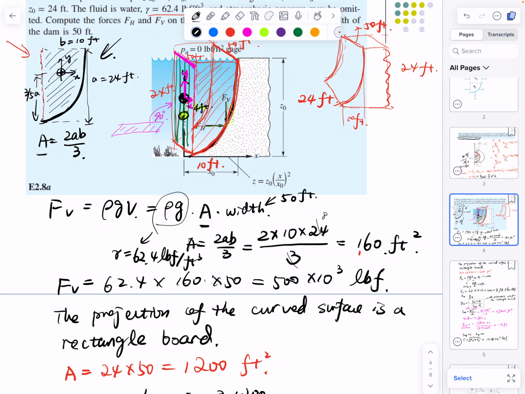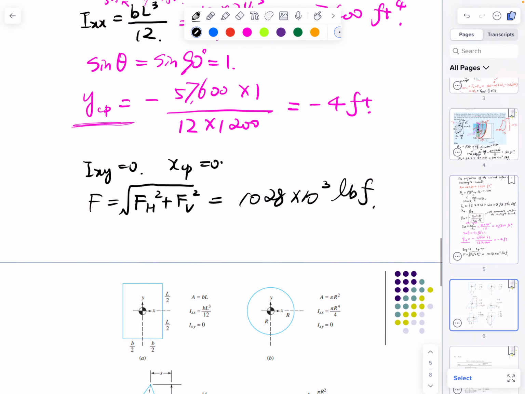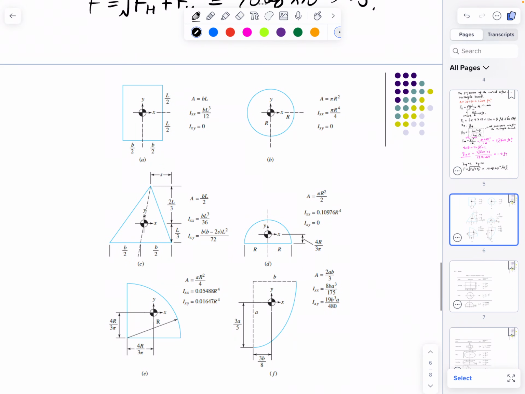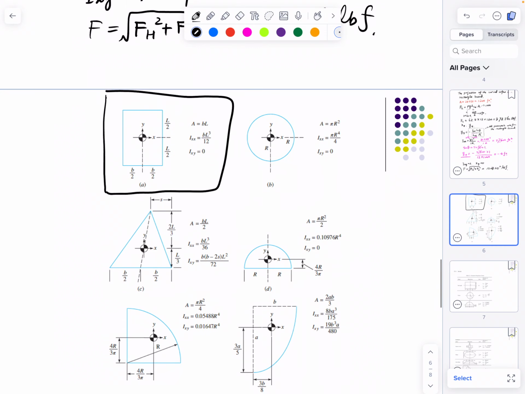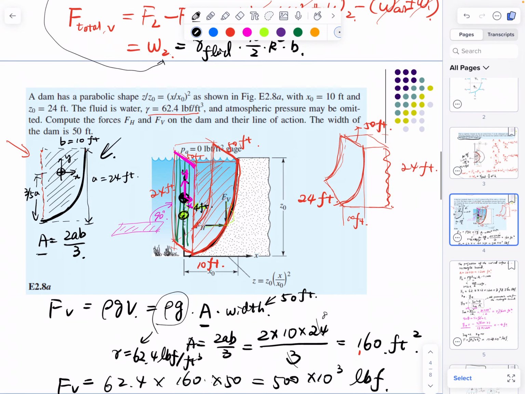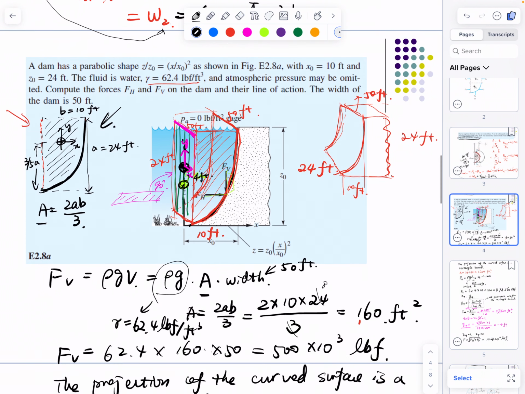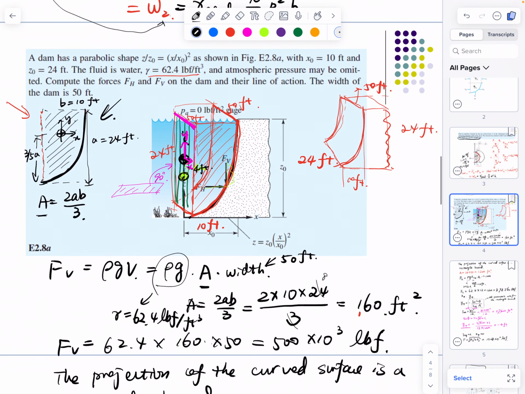Through this calculation, we know where the equivalent force is and what its magnitude is. And that's it. Oh, yes, I actually have it here. This is the equation to calculate IXX and IXY based on B and L given. You can refer to this to understand what your B and your L are here.